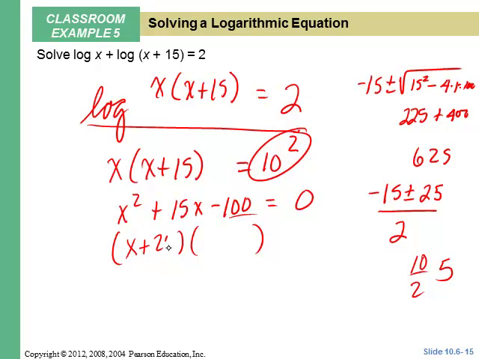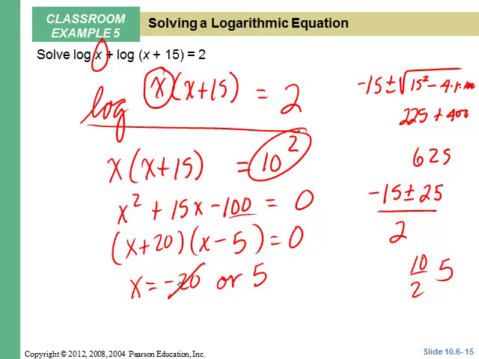X plus 20, x minus 5 equals 0. My brain just wasn't working. X equals negative 20 or positive 5. Now, we can't have the log of a negative number, and so negative 20 can't work, and so our answer must just be 5.